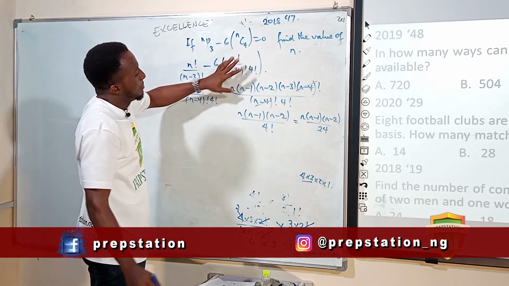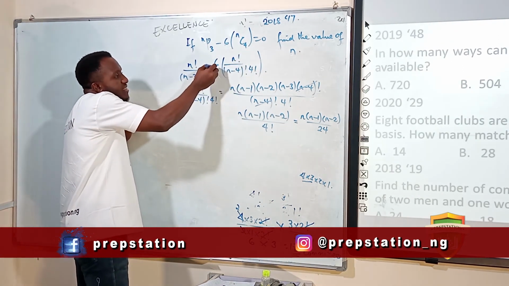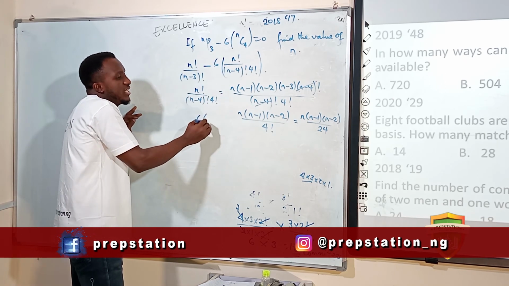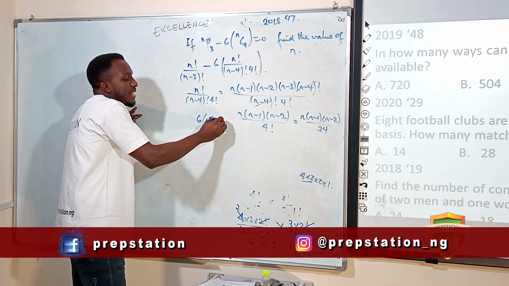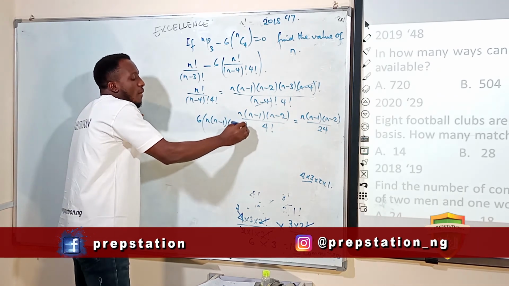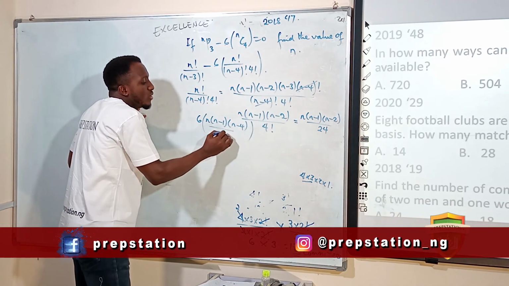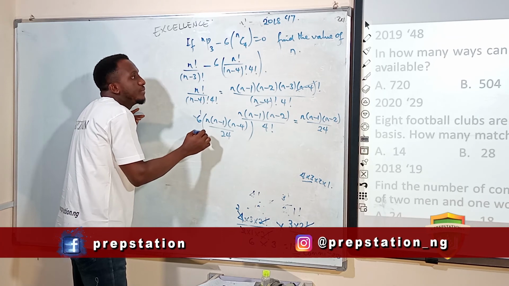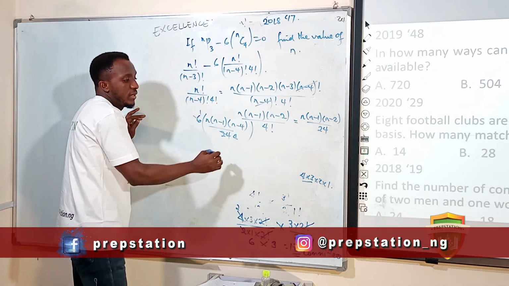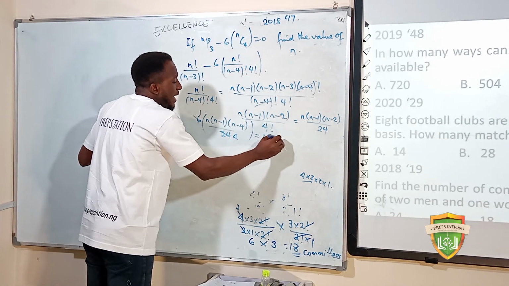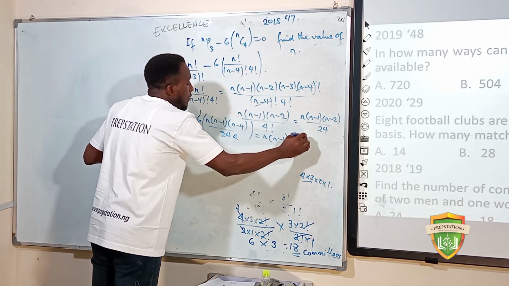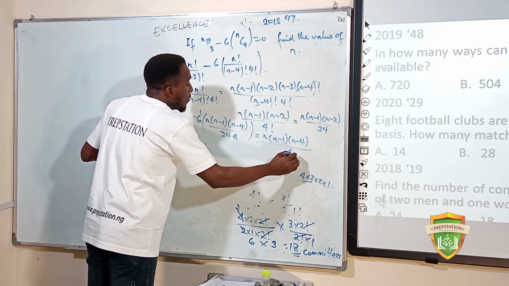We're done with this, okay? But if we bring this 6 in there, we have 6 into n minus 1, n minus 4, all over 24. So 6 here 1, 6 here 4. That leaves us with n minus 1, n minus 4 over 4.